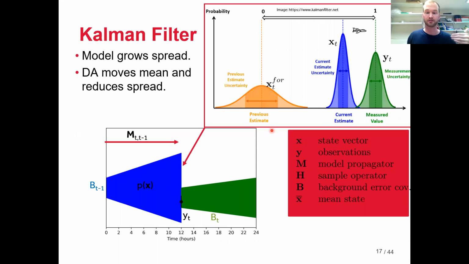So we've got the previous estimate with a wide spread, and then you assimilate your observation that has a certain spread, and you end up with a new shifted probability distribution with a shifted mean and a smaller uncertainty. And then you apply your model again, and the spread starts growing again. And once new observations come in, you apply data assimilation, etc., etc.